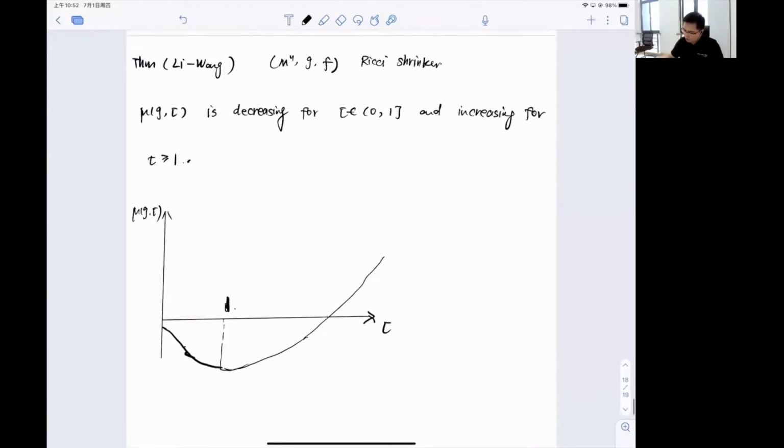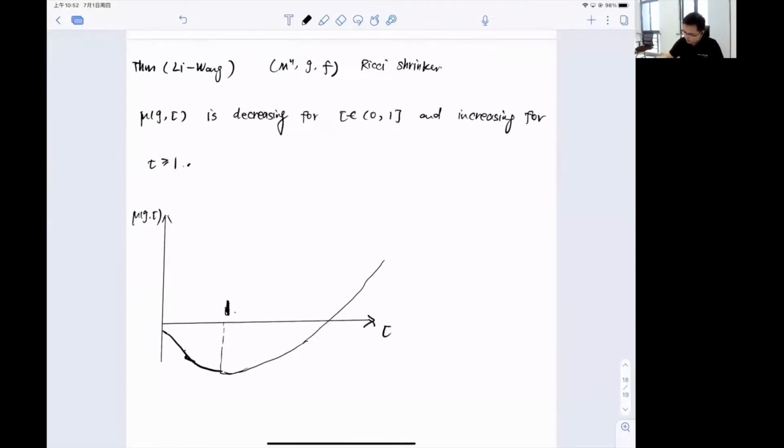Now, one particular consequence of this picture is we can show that mu_g(1) is the minimal point for mu_g(tau). So in particular, we show that the infimum over all positive tau of mu_g(tau) is actually equal to mu_g(1), which is equal to the entropy on the Ricci shrinker.